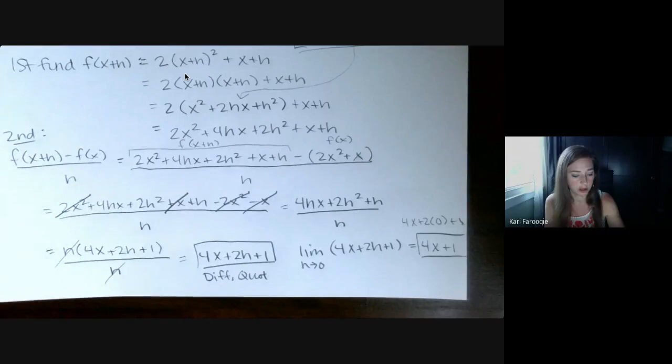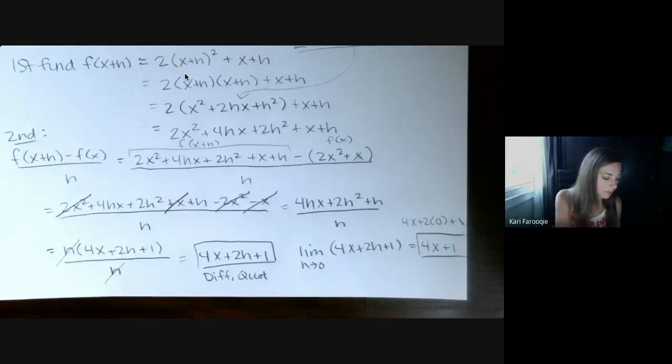So for your asynchronous work, I'm going to talk about continuity, which is 1.3. Actually, this is exactly what I was planning. I should have recorded it earlier, but I was waiting to see if I'd get where I wanted. My plan was to do 1.3 and cover the squeeze theorem from 1.4.